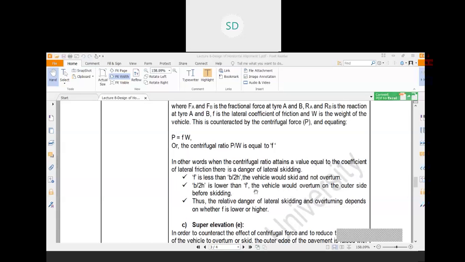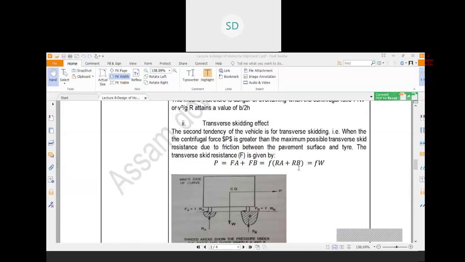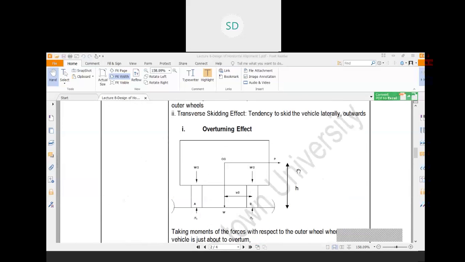So, in other words, when the centrifugal ratio attains a value equal to the coefficient of lateral friction, there is a danger of lateral skidding. So whenever a vehicle is moving through a horizontal curve, because of the centrifugal force, there are two types of effects which a vehicle can experience.